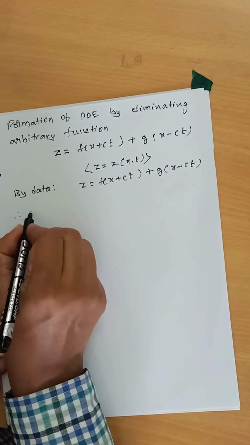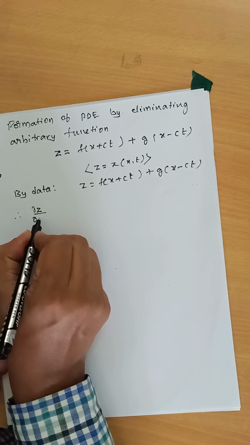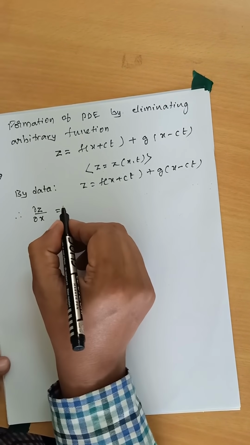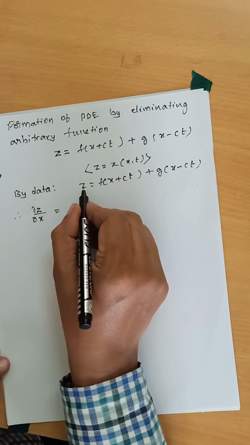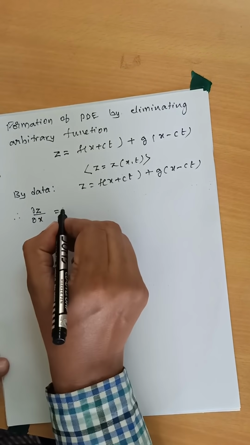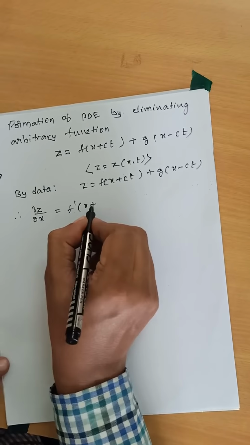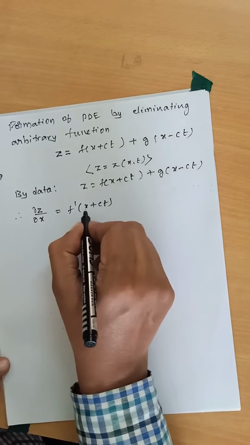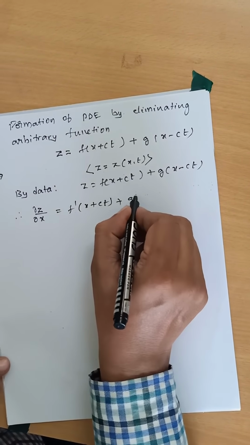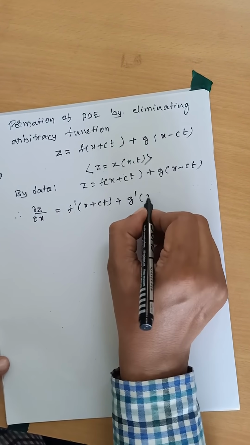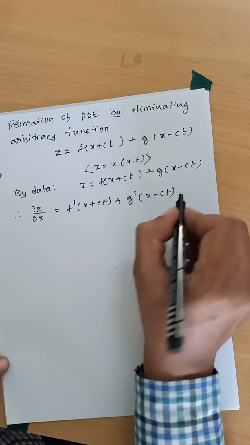Therefore, dou z by dou x means what? Partial derivative of z with respect to x: f dash of x plus ct with respect to x is 1, plus g dash of x minus ct with respect to x is 1.